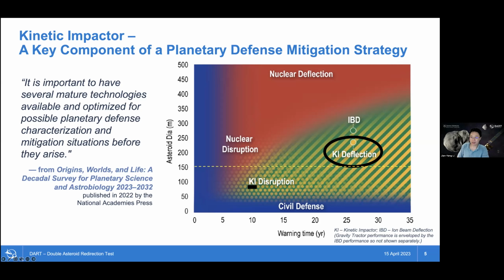We're testing a technology that can deflect an asteroid maybe 100, 200, a few hundred meters across, when we have enough warning time, like 10, 20 years or more. And this kinetic impact deflection technique is the most mature technique that we can test. So that's why we're doing this test now.